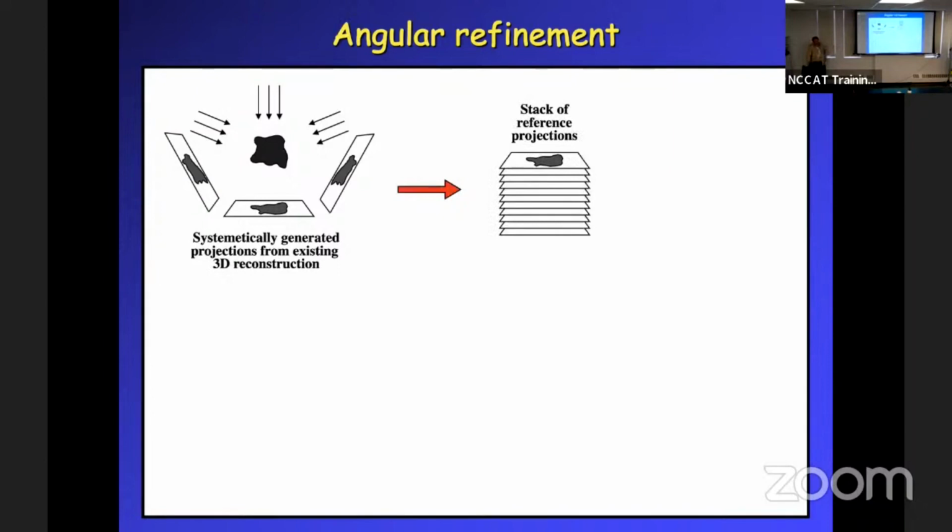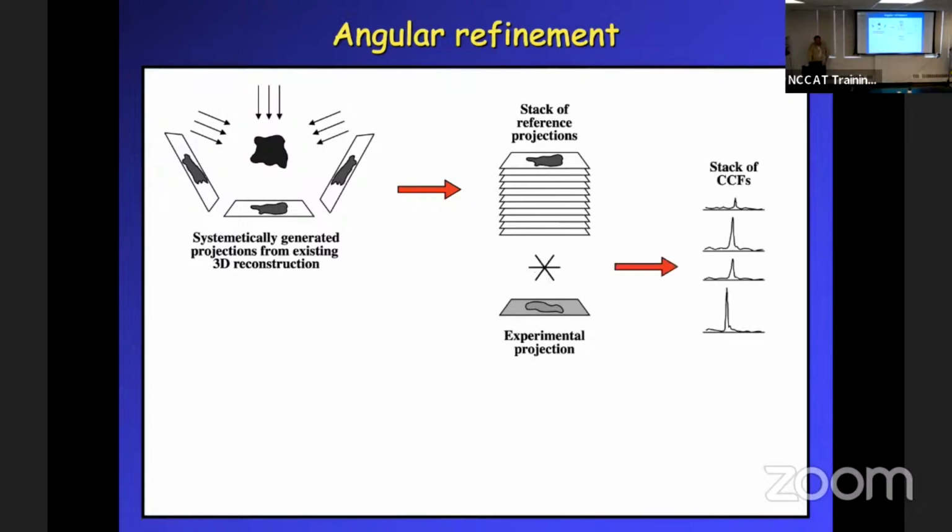Now you end up with a stack of reference projections where you know exactly what the angles are. Now you have your experimental projections, your single particle images, and they're going to be very noisy, so you don't see the particle nearly as well. What you do now is you cross-correlate this one with all the images in the reference stack, and you end up with a stack of cross-correlation values, which basically tell you how well each of the reference projections correlates with your experimental image.